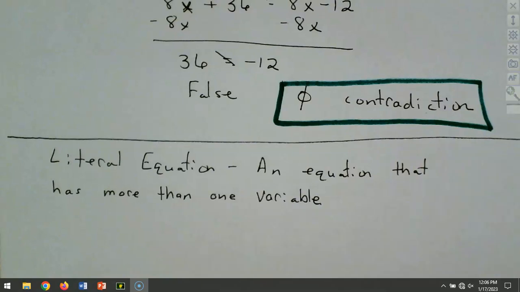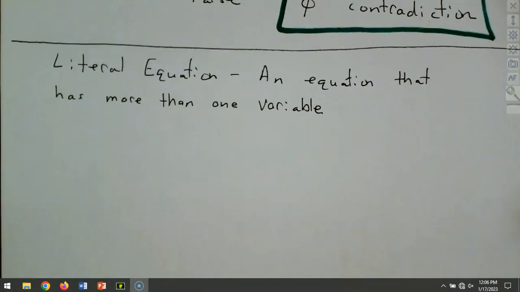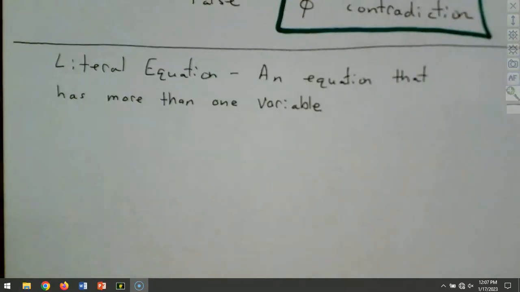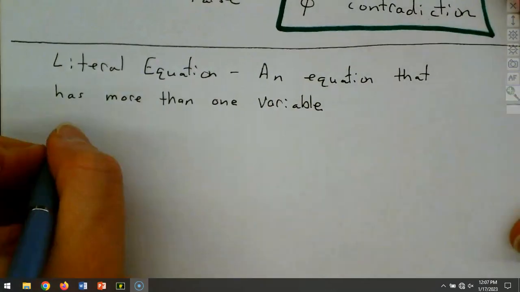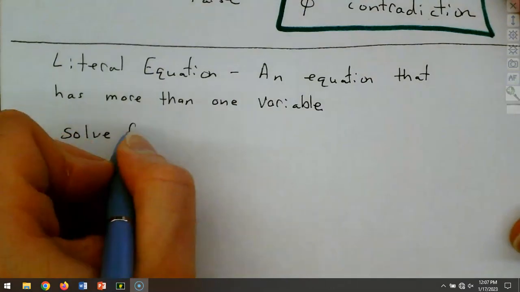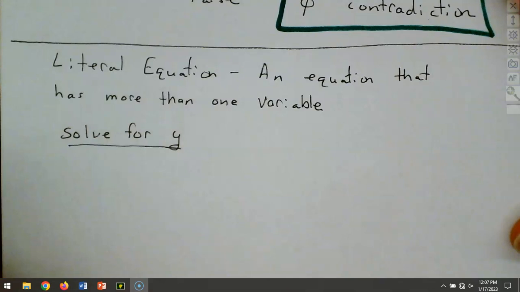And where we primarily use this is in graphing. Here's a couple of examples, and I gave you 2 of these in your homework to look at. And I'm going to have to tell you what variable to solve for. So you're going to have to solve for the variable y. So we're going to be solving for y.